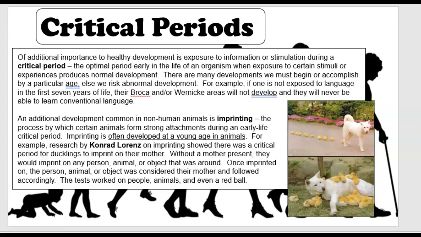There's actually a list when you go to the doctor. So this is talking about, sorry, switching gears a little bit, if you were not exposed to language in the first 7 years of your life, it will be extremely difficult to develop language later because the Broca area and the Wernicke area of your brain didn't develop.